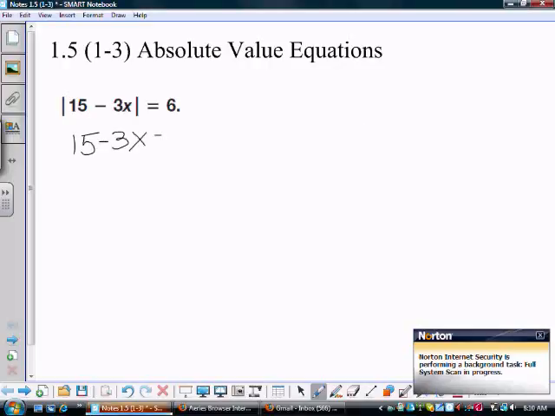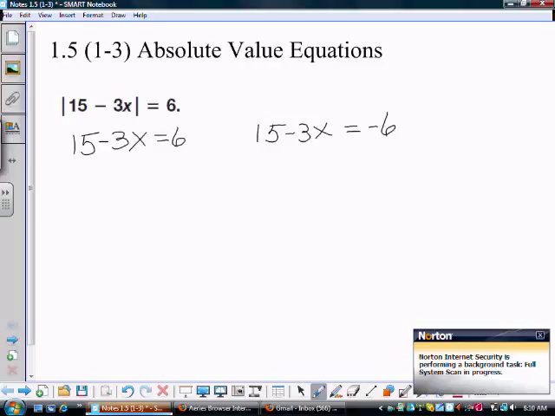We never have any problem writing out the equation with the positive. But we also need to do a second equation. And when 15 minus 3x is equal to negative 6, we also have a true equation here.